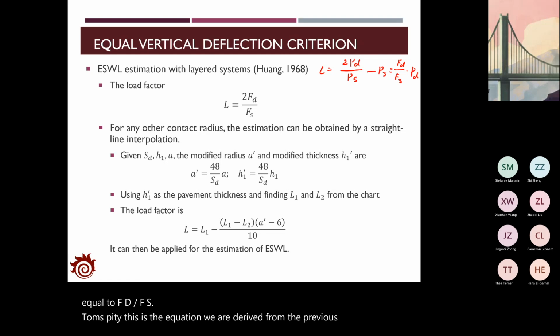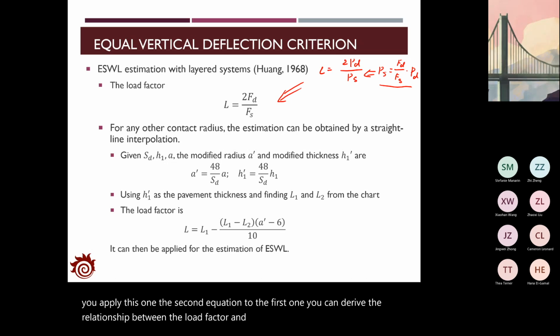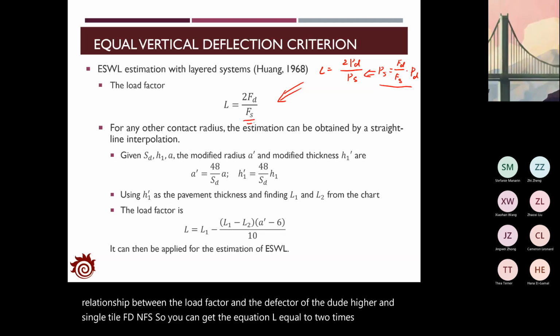If you apply the second equation to the first one, you can derive the relationship between the load factor and the factors of the dual tire and single tire, FD and FS. So you get L equal to 2 times FD divided by FS.